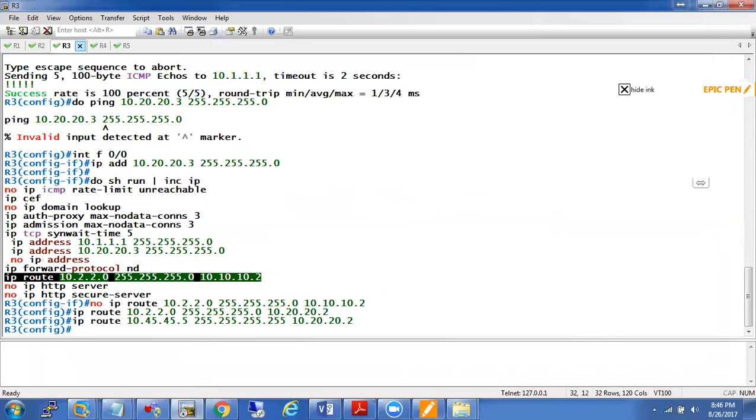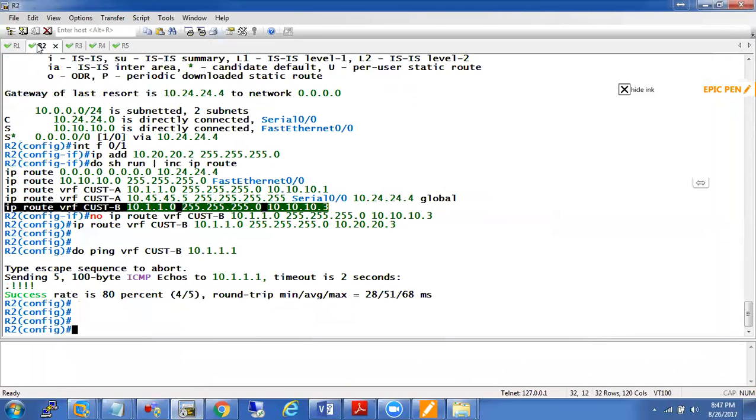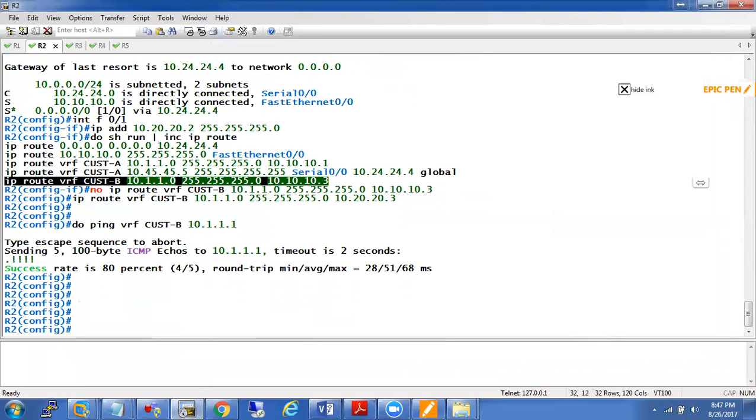So now R3 can reach R2. What do I need to do on R2? The leaking of the route. How do I do that?